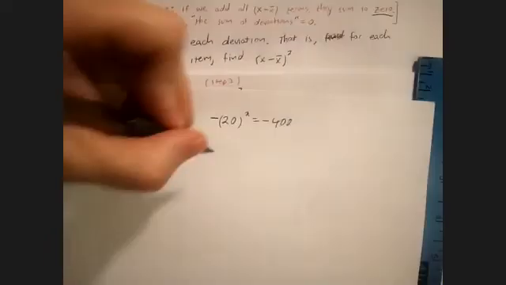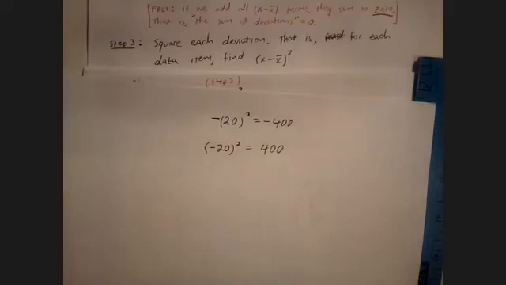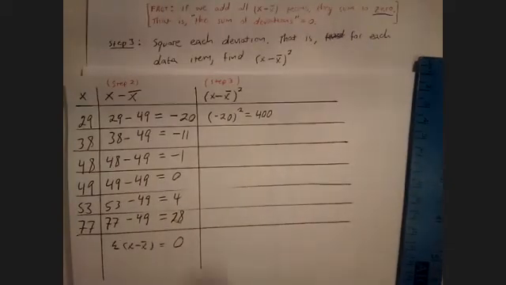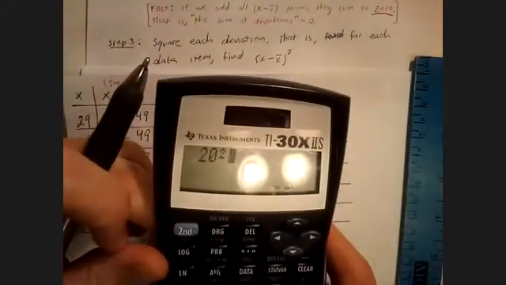So you have to be careful to always put parentheses so that this number here in step 3 is always positive. You probably already know that anytime you square a number, it's positive. So rather than do the negatives here, just type 20 squared, and you will not make that mistake.